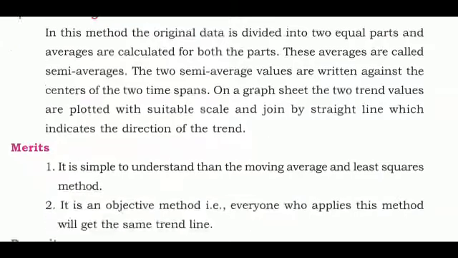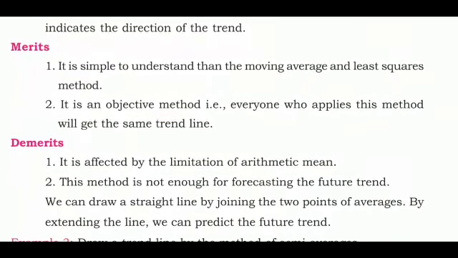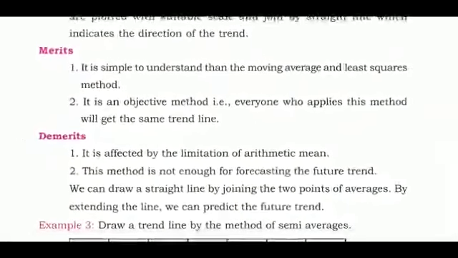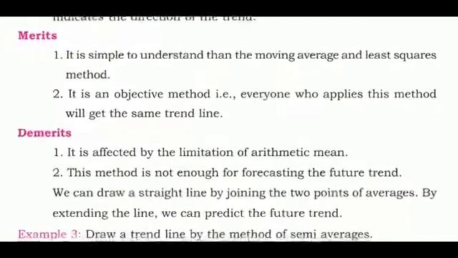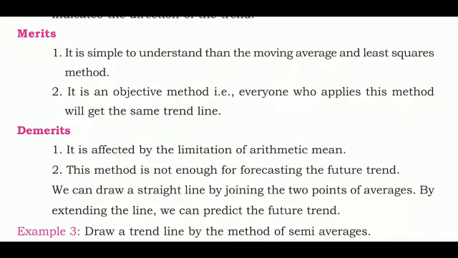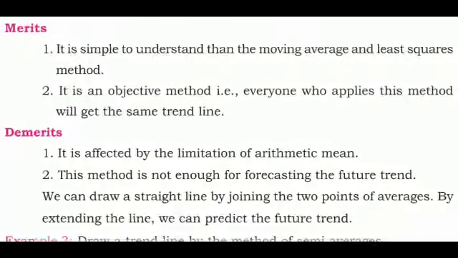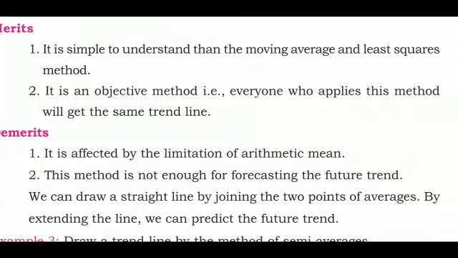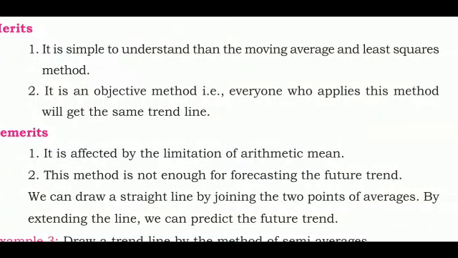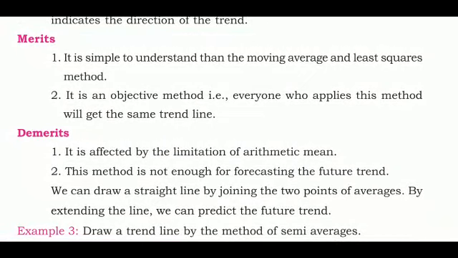Let us see the merits and demerits. In statistics, you always have merits and demerits for every formula; you just have to remember what they mean, and they are simple to remember. The first merit: it is simpler to understand than the moving average and least squares methods.